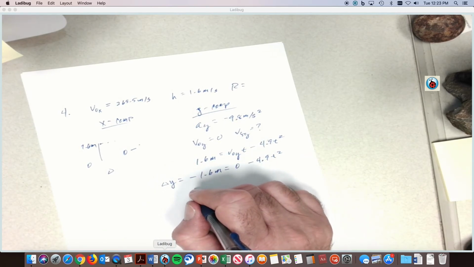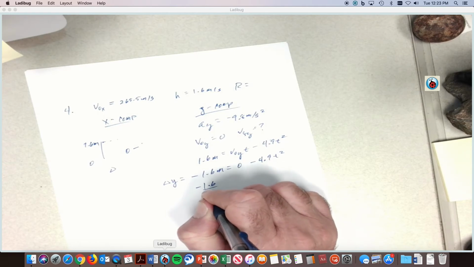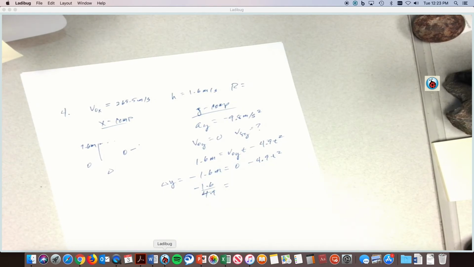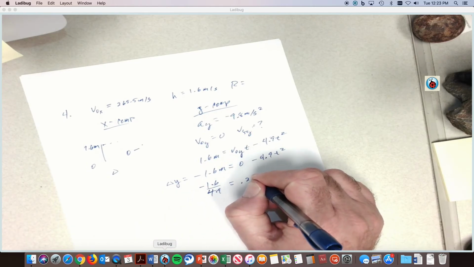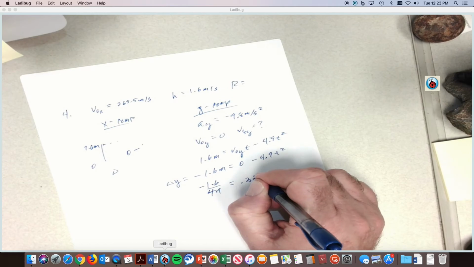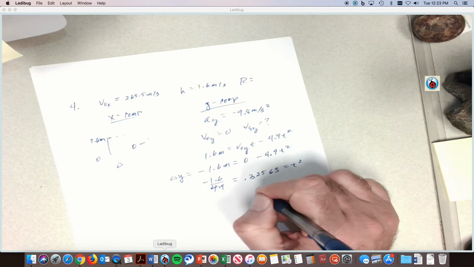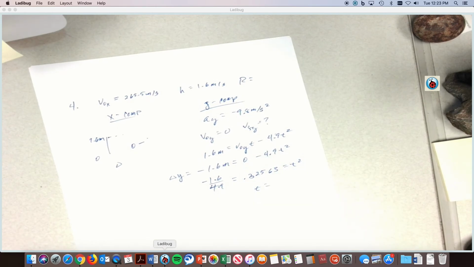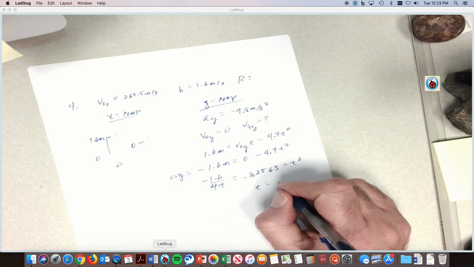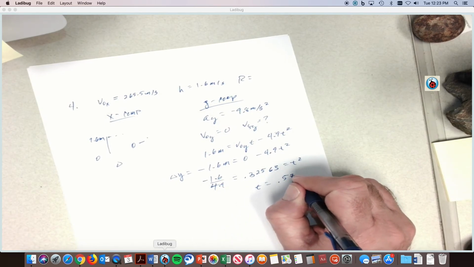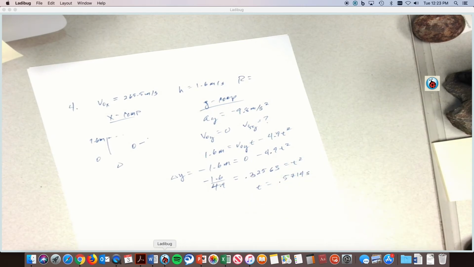So we take negative 1.6 divided by 4.9, and got to be careful, 0.32653 is equal to t squared. Now I take the square root of that. T is equal to 0.5714 seconds. I'm going to leave it as 4 sig figs.